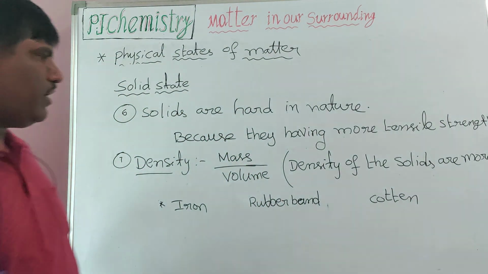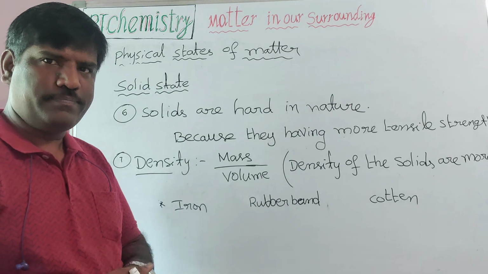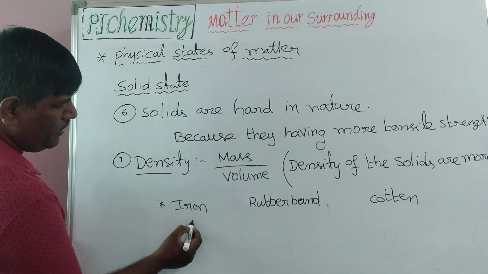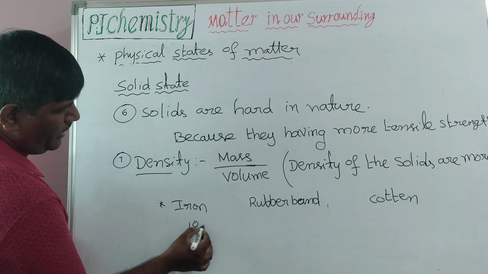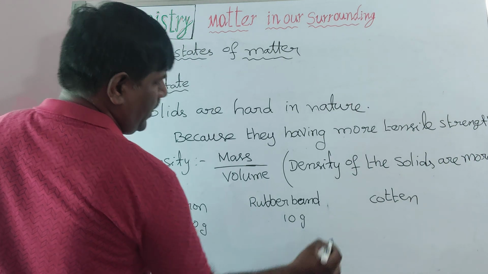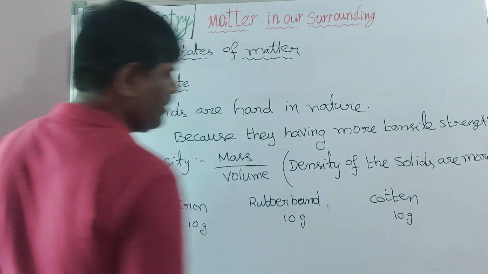Just consider all were taken with equal weight: 10 grams of iron, 10 grams of rubber band, 10 grams of cotton.